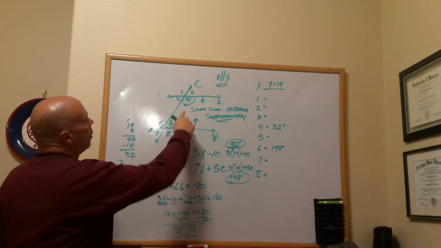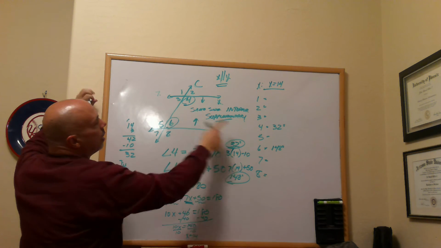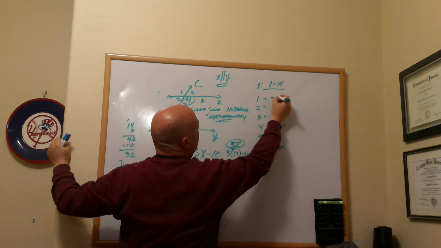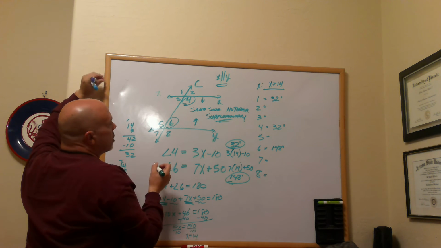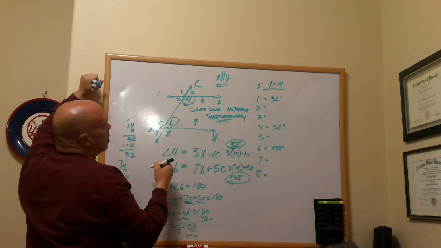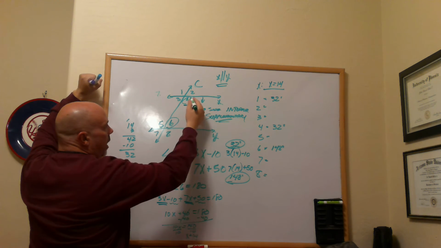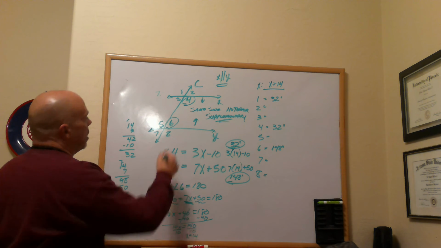So we have angle 4. Vertical angles are congruent. So if angle 4 is 32 degrees, I know angle 1 is also 32 degrees. Since angle 4 is 32 degrees, I'm going to use another rule, which is corresponding angles. Angle 4 and angle 8 have the same relative position at the other intersection.